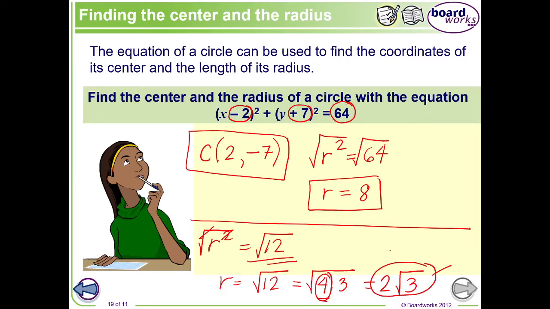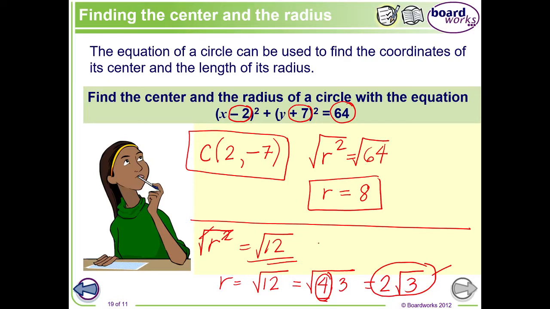Or, in case like, can you use your calculator, please? What is the square root of 12? Use your calculator. What is the square root of 12? Because some of the choices probably will be in decimal form. 3.46.